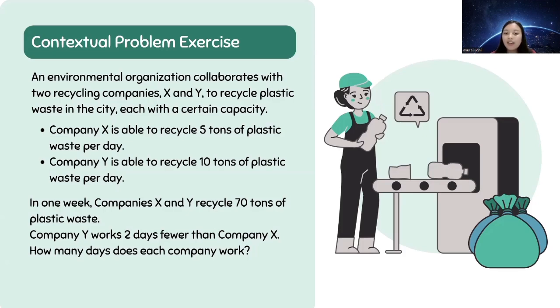And together they recycle 70 tons. Students, understanding the information carefully is the first step in solving a contextual problem. You can pause the video for a moment and try to think about how to solve this problem by yourself first.